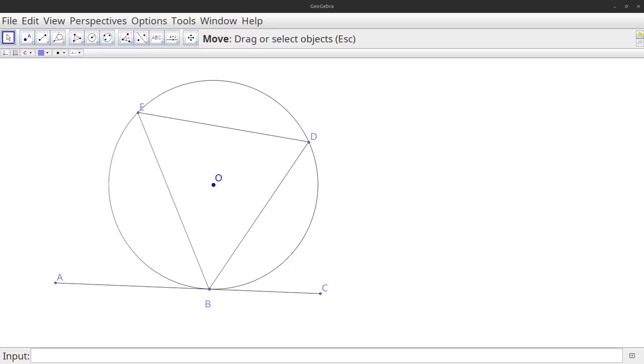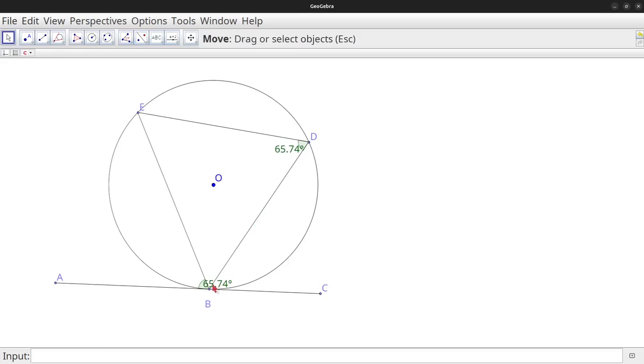Let's put in a protractor there just to measure those angles. The size of angle ABE is equal to 65.74 degrees. How about this angle here, EDB or BDE?